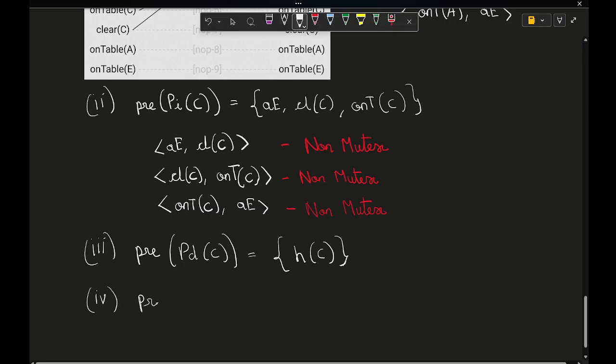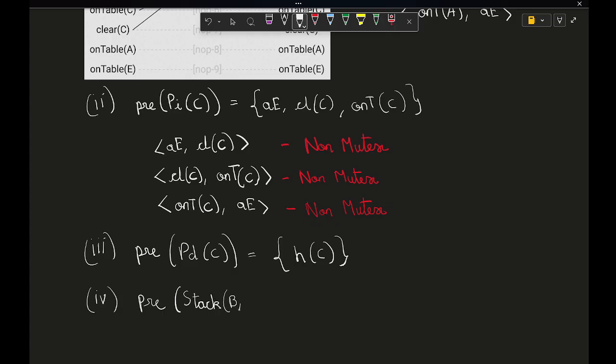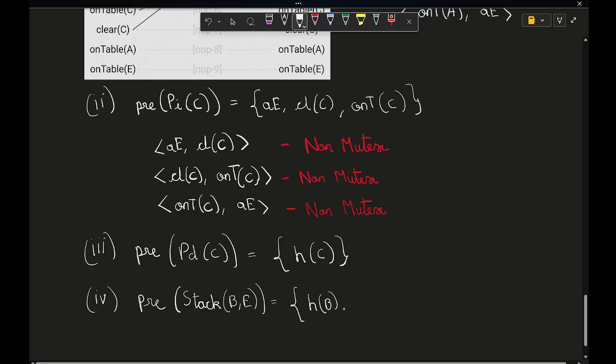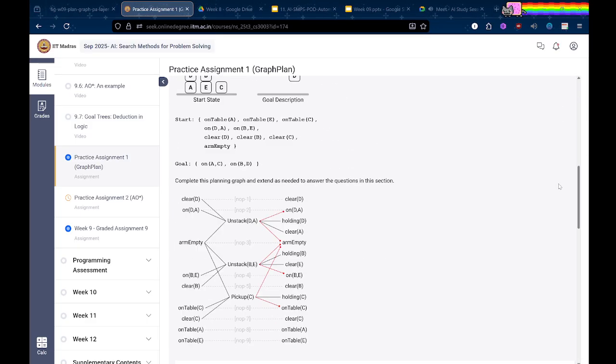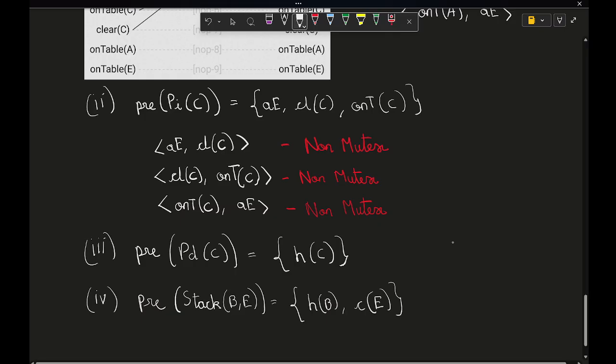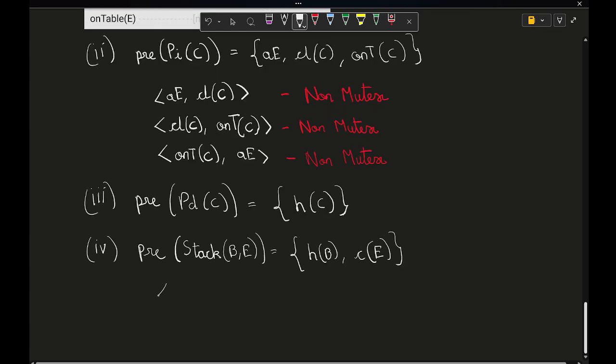Now the precondition of stack BE. Precondition of stack BE is that it should firstly be holding B, right? It should be clear E, correct? That's only these two: holding B and clear E. So there's only one pair here to check.